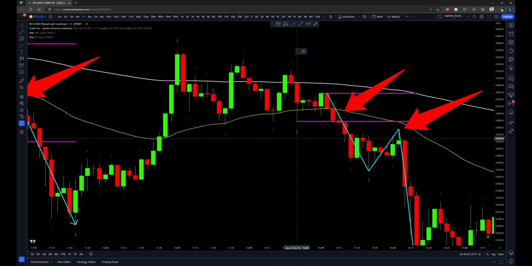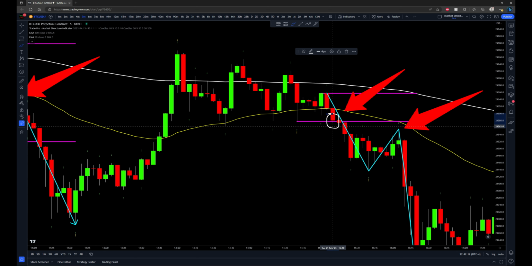So at this point, once this is confirmed, we can look for a market structure break. We get that right here on this candle. So once this candle has closed, we can then look for a pullback or consolidation to get short on. So there's a small pullback on this candle, which is pointed to by this big red candle. That's a shorting opportunity.